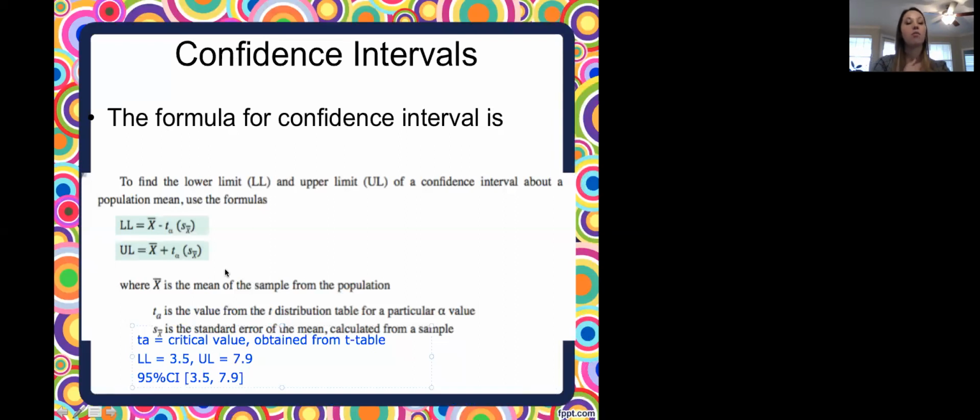Another note about confidence intervals that's important. And this might be kind of difficult to explain when I don't have a board to write on, but say we've calculated our confidence interval.